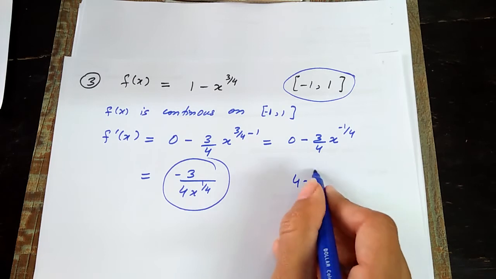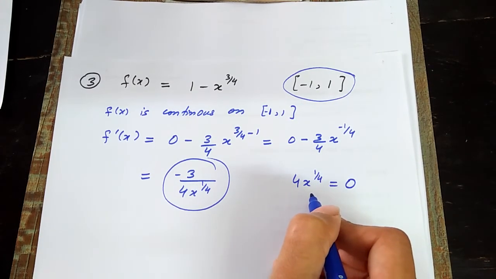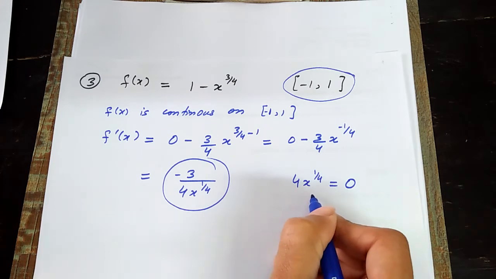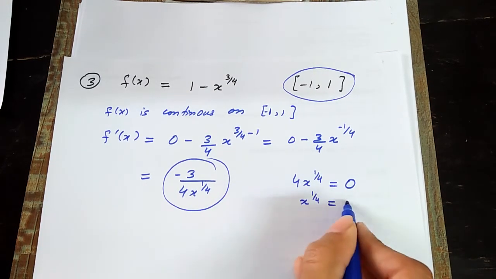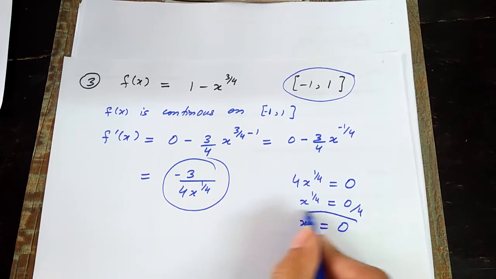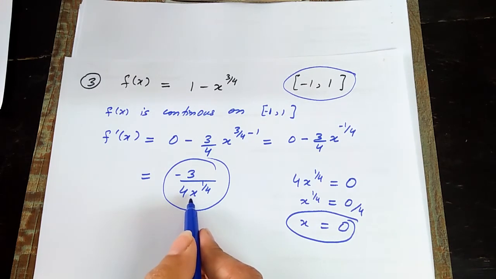If this denominator becomes equal to 0, you will get an undefined value. So just check on which value this x is becoming 0. You will get x raised to power 1 by 4 equals 0, so x basically equals 0. On x equals 0, you will get a discontinuity. Your function will become undefined.